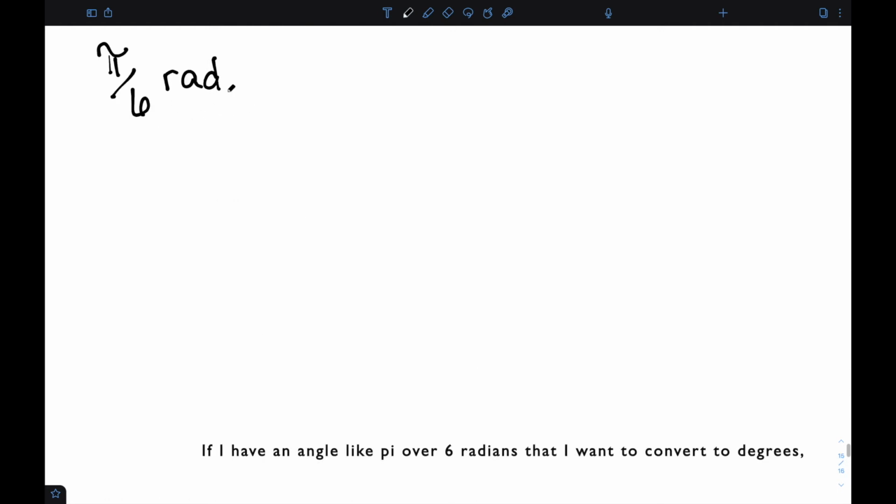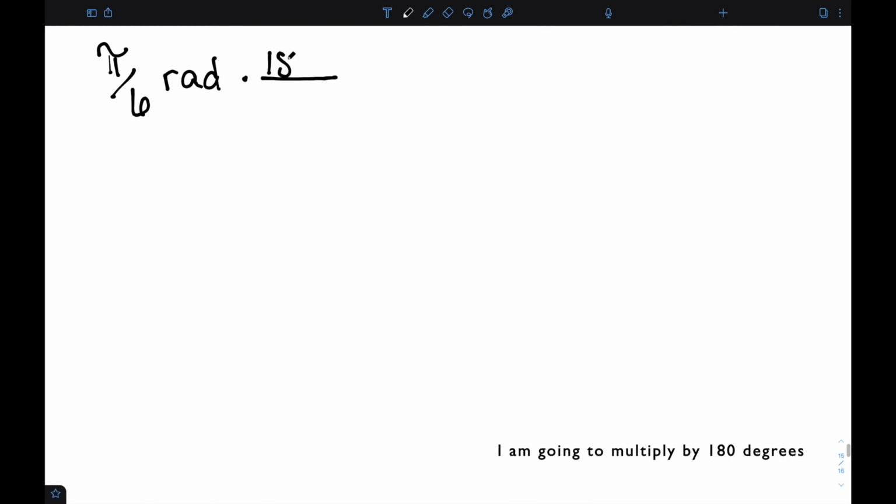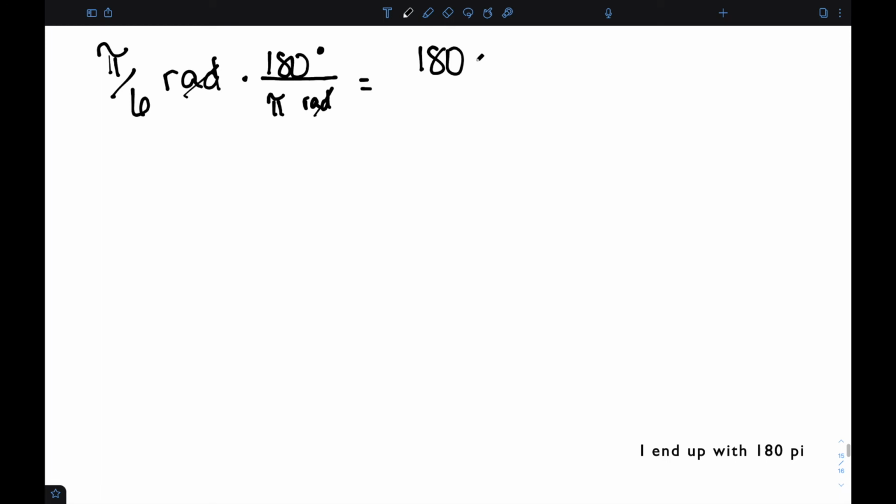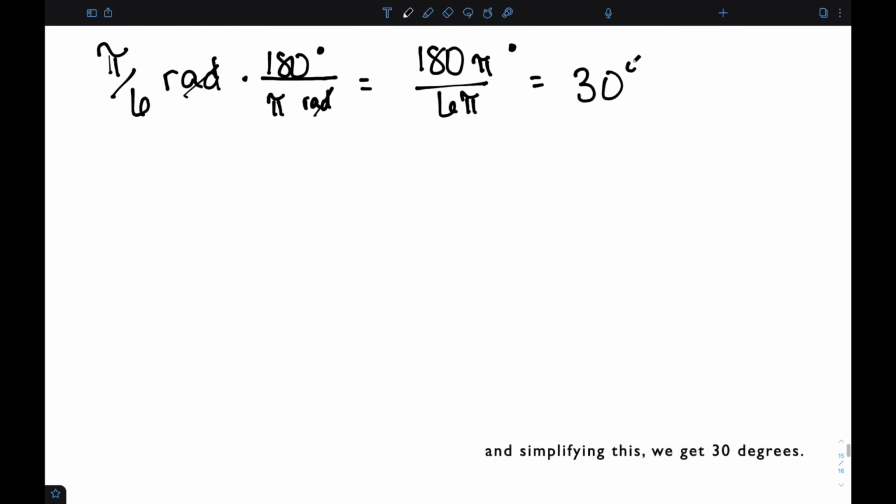If I have an angle like pi over 6 radians that I want to convert to degrees, I'm going to multiply by 180 degrees over pi radians so that my radians unit will cancel. I end up with 180 pi over 6 pi degrees, and then simplifying this, we get 30 degrees.